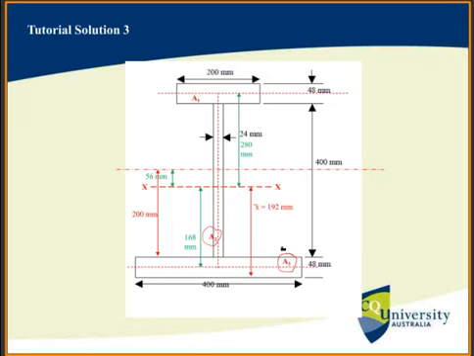So first we need to know the area of A1. A1 will be 200 multiplied by 48. A2 will be total distance 400, this distance multiplied by 24, this width. And A3 will be 48, this distance multiplied by 400.